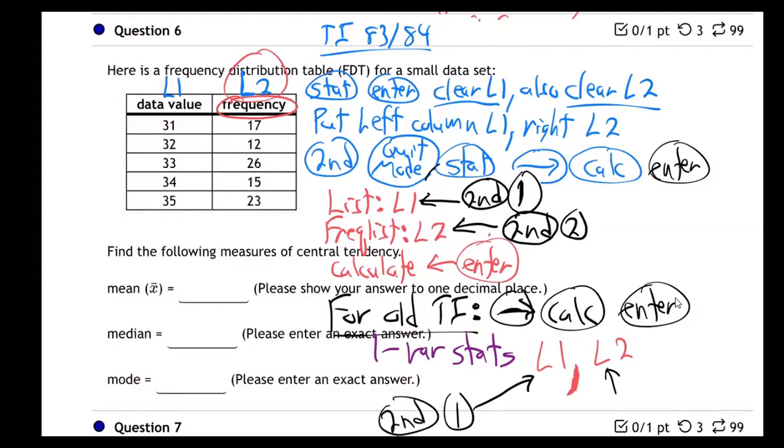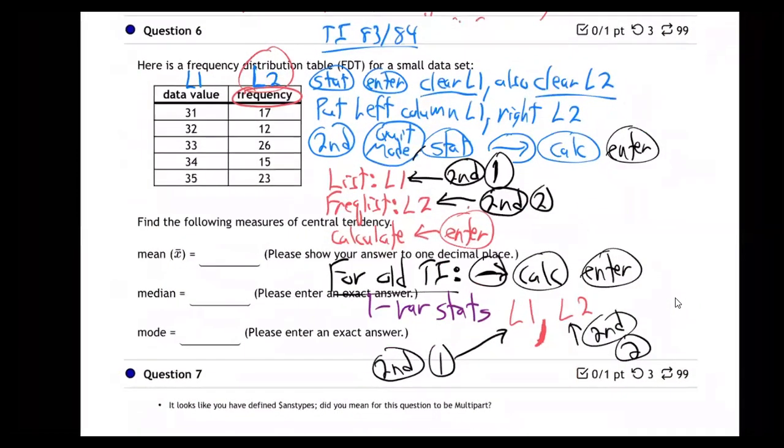That comma is really important. And then you've got to hit second and 2 to get the L2. Is everybody seeing that? So if you have the old kind, like my handheld one, for the old ones, you're going to get this stuff.